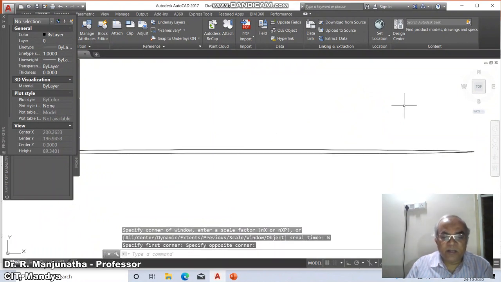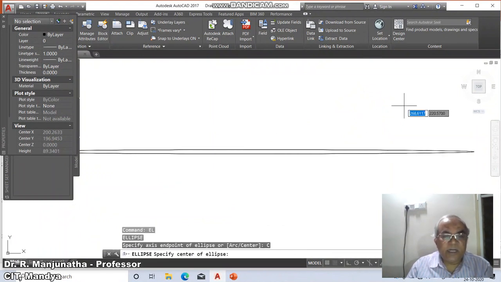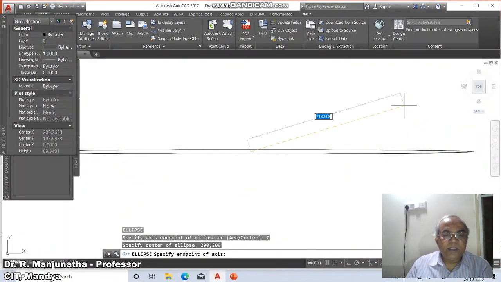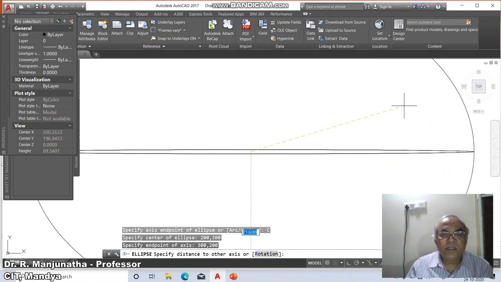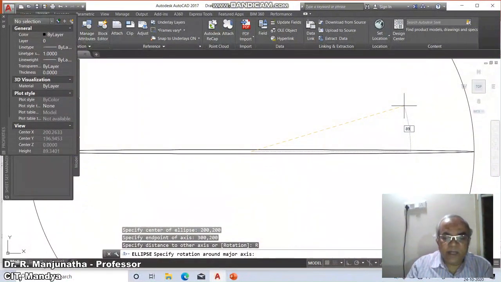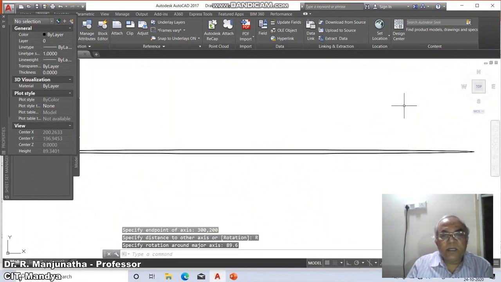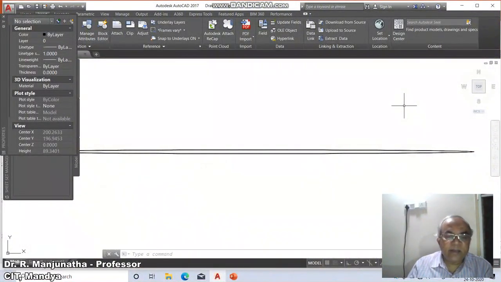Now the center of ellipse 200,200, the end point of axis 300,200, then the rotation 89.6. Still it is able to draw. So the maximum angle which is less than 90 degrees is the one that is going to be considered for drawing this. So this is the accuracy at which we can draw the ellipse.